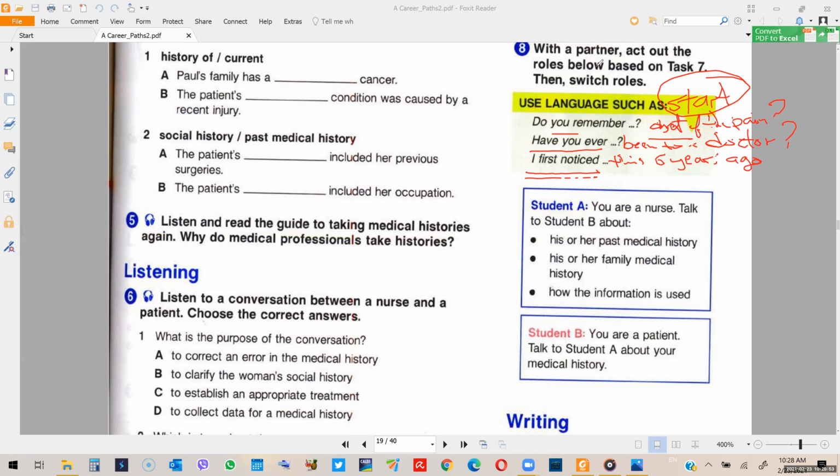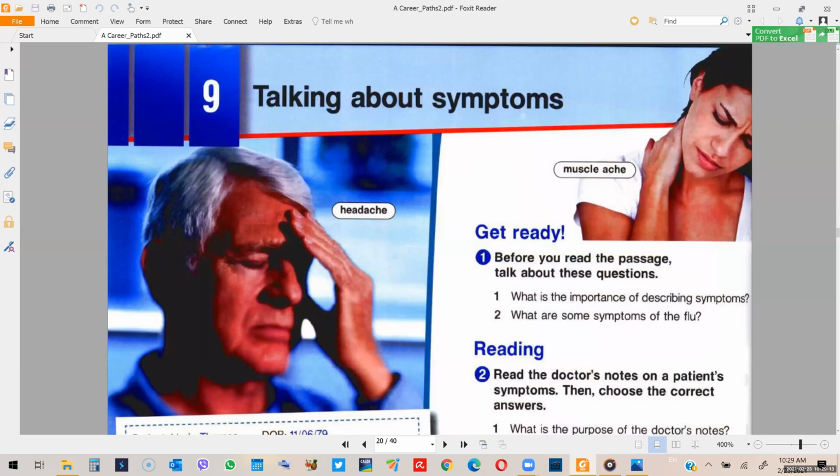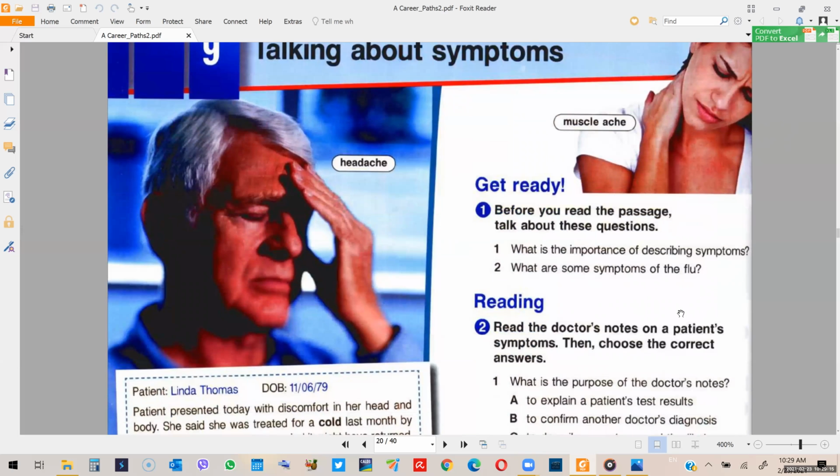And today I'm going to finish this topic with another related topic, which is Unit 9, about talking about symptoms. Because when you ask a patient about the history, you have to ask about the symptoms.